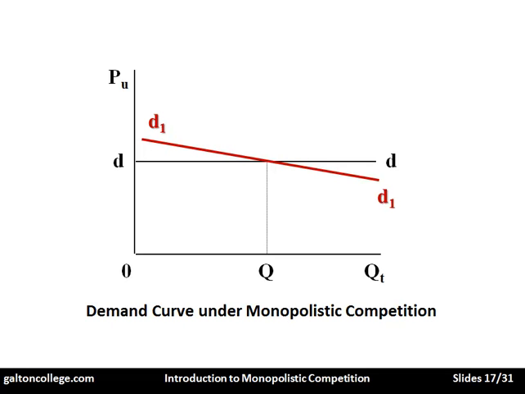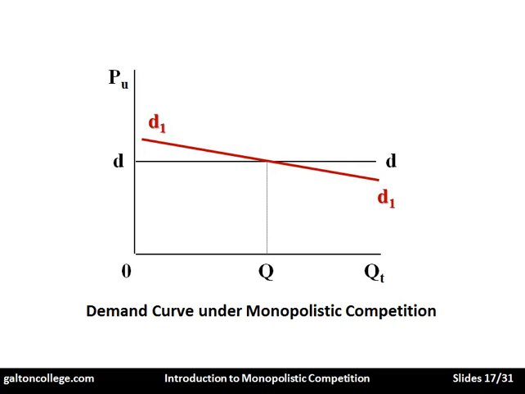Now, if there is some differentiation, we can imagine the demand curve to have a very slight gradient like this. There is some opportunity for the companies to increase the price because the product is slightly different, or perhaps reduce the price and try to get extra sales. But by and large, they could increase the price because the product is slightly different.